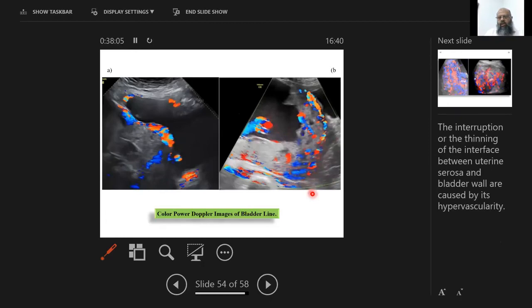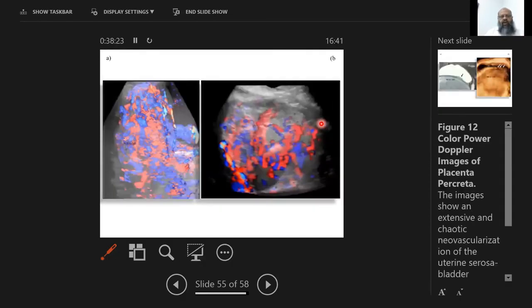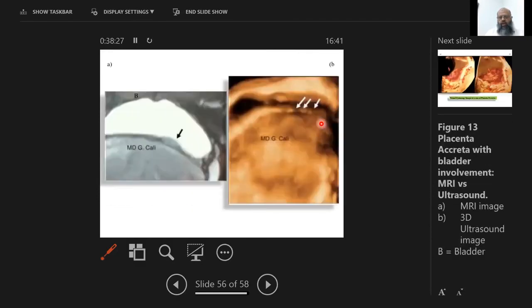The interpretation is thinning of the interface between the uterine serosa and bladder wall. And this helps us because you can see the urinary bladder here, and it has invaded the whole of the area. We can use tissue harmonics and 3D, 4D for it.